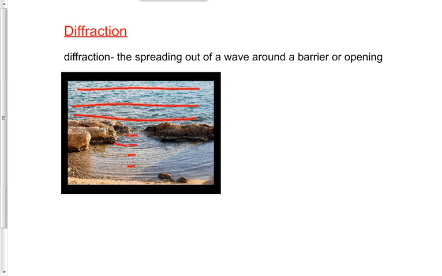The water waves spread out. They diffract. Refraction is the bending of a wave. Diffraction is the spreading out of a wave around a barrier or through an opening. We said that that's a property of waves, but that light undergoes diffraction, so therefore there's evidence to support the wave nature of light.